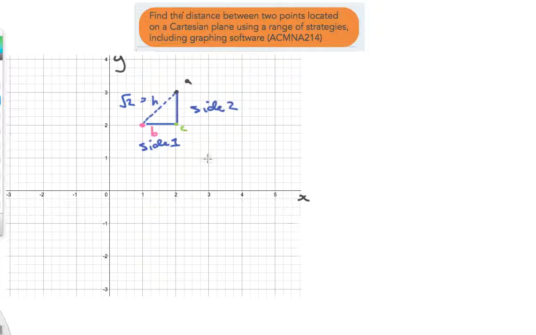Maybe we'll take a point here and a point here, and we'll call this point M now, and point N. So point M is at 3 across, 3 in the x-axis, and 1 up. And point N is at negative 2 and negative 2.